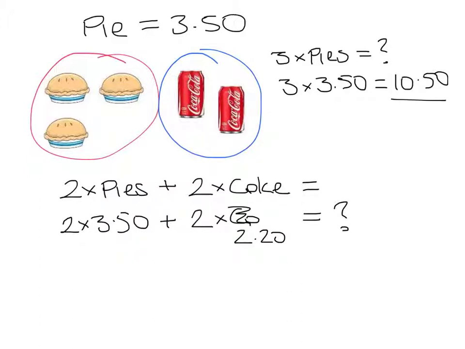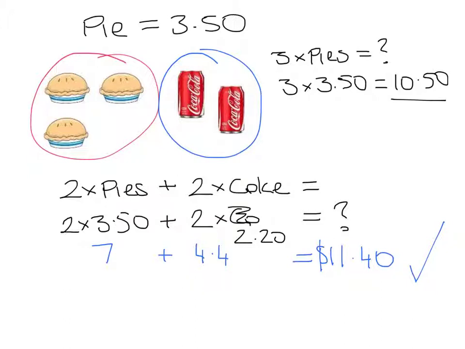Now, let's just work out each side of the equation. 3 by 350 is 1050, plus 2 by 2.2 is 4.4. Add them together, we get 1490. If we're talking in money terms, to buy 2 Cokes and 3 pies, we would need $14.90. Quite simple. You can give yourself a tick for that one.